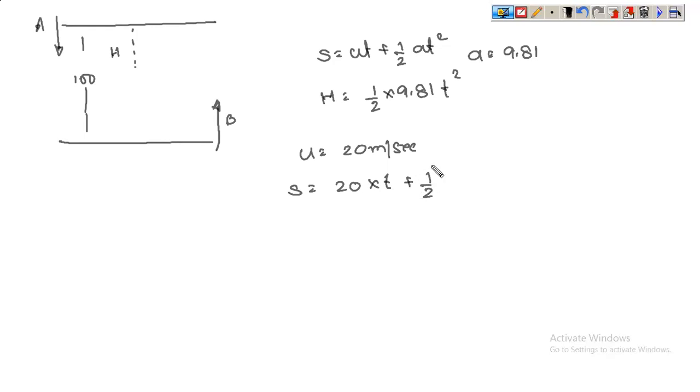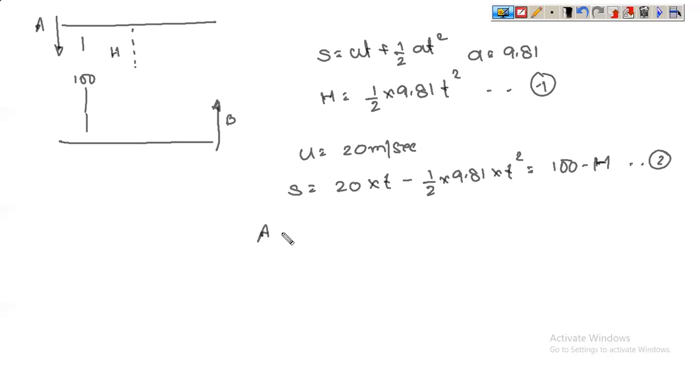This half is actually minus, as it is working against gravity. So this is minus half into 9.81 and t square. Now the distance traveled by this ball before they meet is 100 minus h. So this is equation number 2 and this is equation number 1.